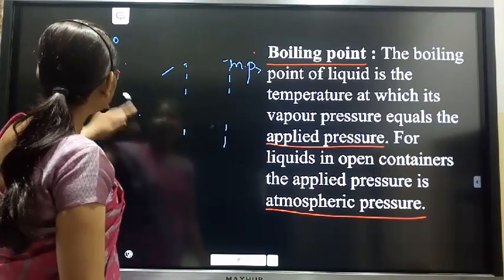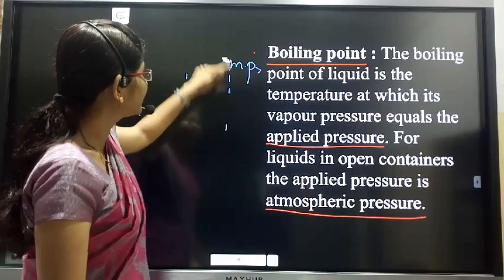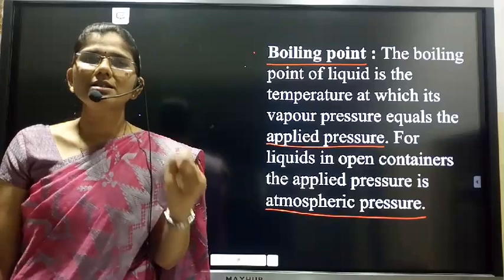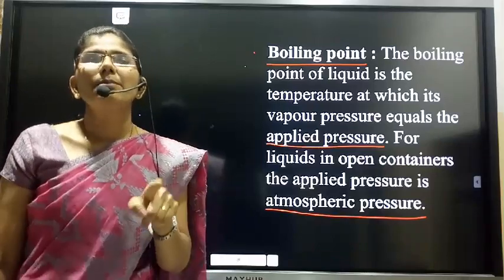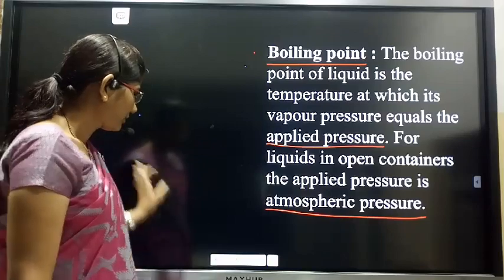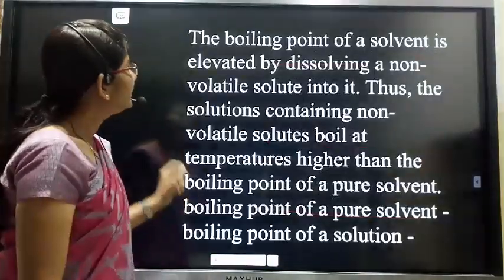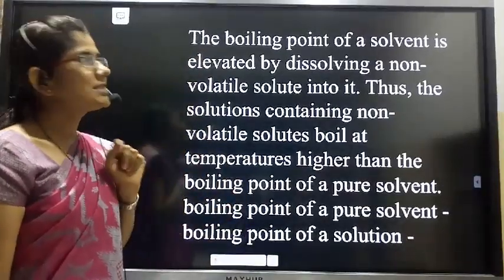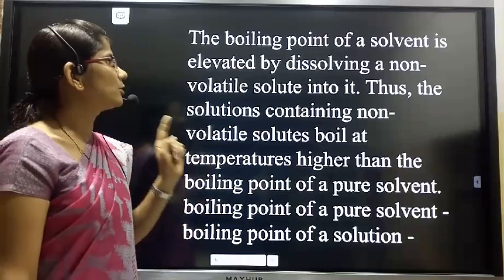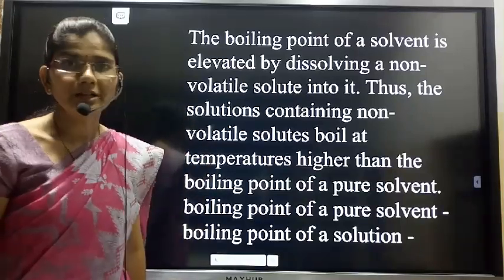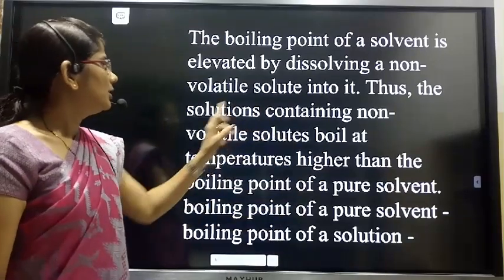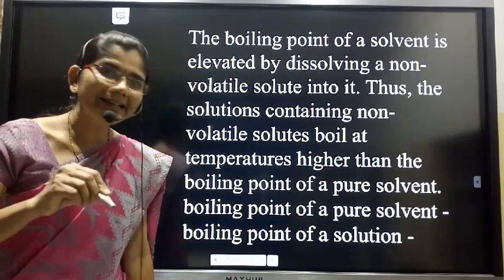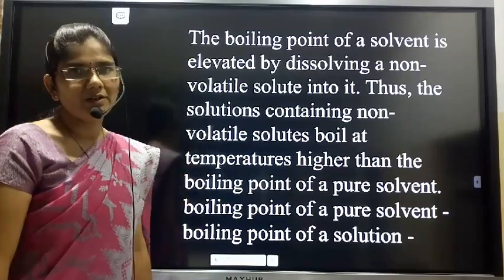From this graph it is clear that the vapor pressure has a direct relation with the boiling point. Therefore the boiling point of the solvent is elevated by dissolving a non-volatile non-electrolyte solute in it, and a solution containing a non-volatile non-electrolyte solute boils at a temperature higher than that of the pure solvent.